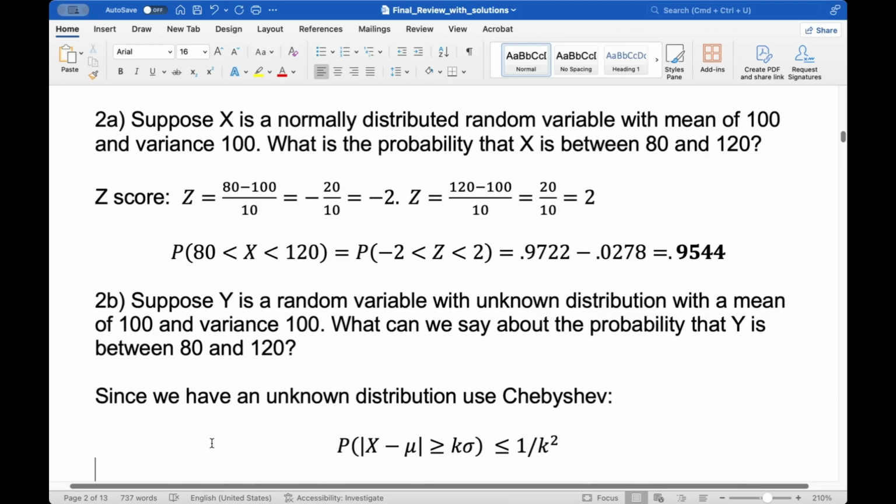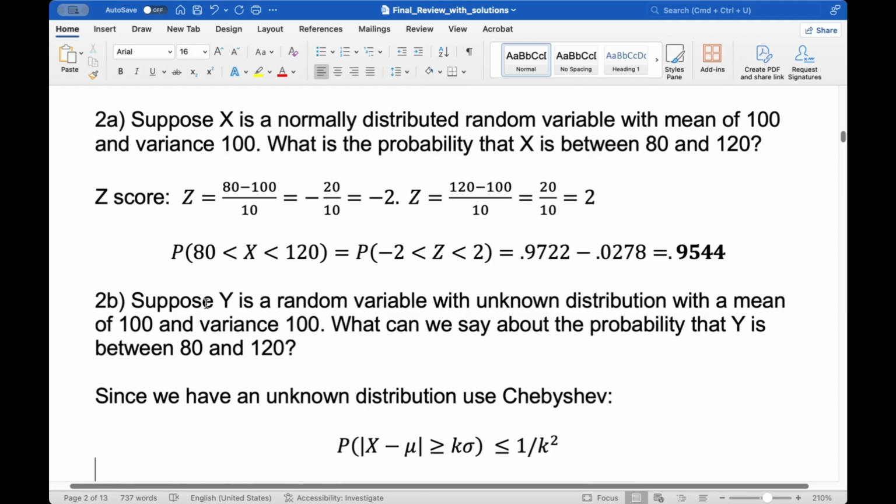Okay, number two. Suppose x is a normally distributed random variable with mean of 100 and variance 100. What's the probability that x is between 80 and 120? So we have a normal distribution. We're going to convert it over to the z-score so that we can use the chart. Z-score formula: x minus mean over standard deviation.